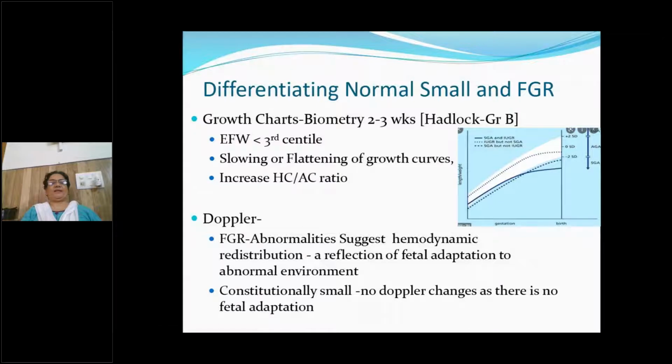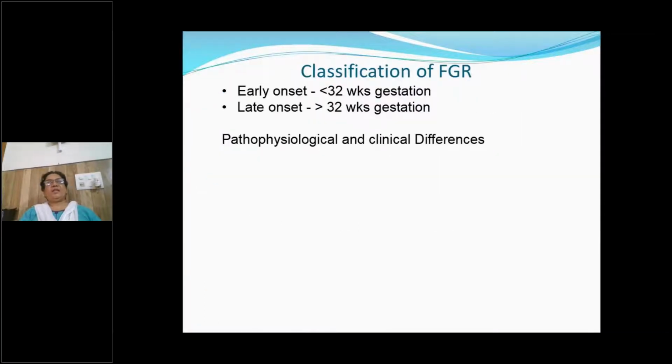So coming to the classification, in older times we used to classify it into asymmetric and symmetric. But now the classification is based on the time of onset of the growth restriction. If the growth restriction starts before 32 weeks of gestation, we call it early onset. If it starts after 32 weeks, we call it late onset.